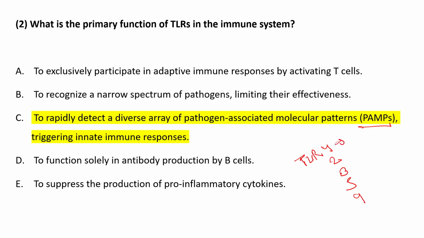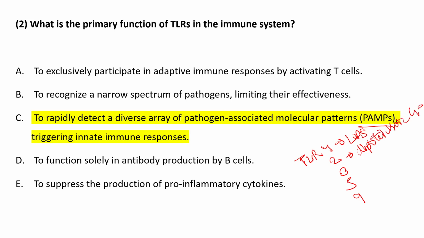There are different types of TLRs which recognize different types of molecules on the pathogens. TLR4 mainly recognizes the LPS, that is the lipopolysaccharide layer on the gram-negative cell wall. TLR2 mainly recognizes the lipoteichoic acid on the gram-positive cell wall.